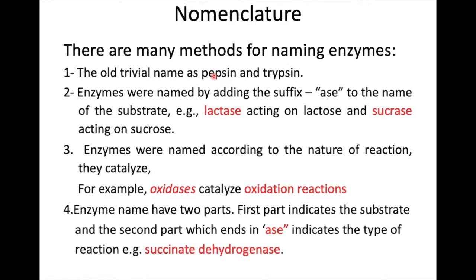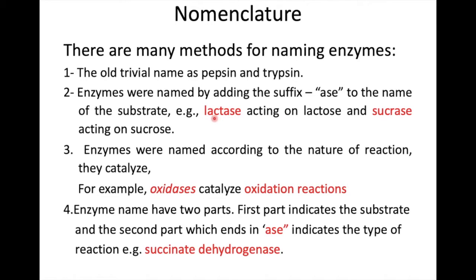Then the enzymes were named by adding the suffix ase to the name of the substrate. The substrate whose name has ase added at the end, that is known as the enzyme. For example, lactase.